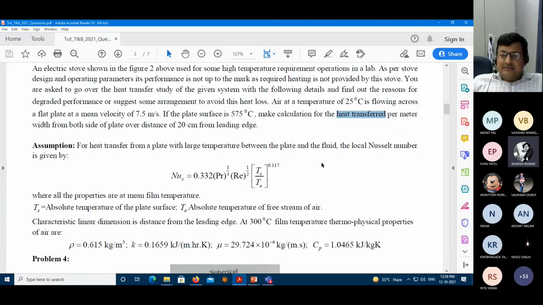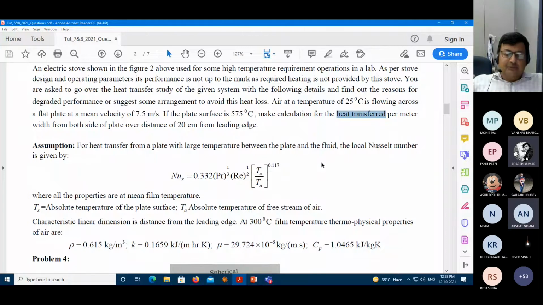Do you remember Newton's law of cooling? Yes, sir. H is... T is to infinity. So Q is equal to what? Rate of heat transfer is equal to what? Like HA, T infinity is T surrounding. HA delta T, right? HA delta T.